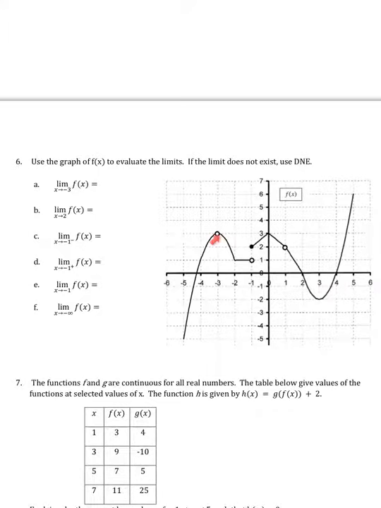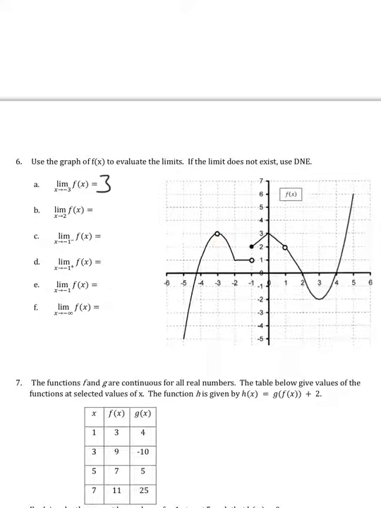From the right, it's coming up to this point here. From the left, it's coming up to this point. So the y value, when x is negative 3, is 3. And that is the limit because it's approaching the same point from both sides. Doesn't matter that that point doesn't exist. It just matters that they're going to the same place.